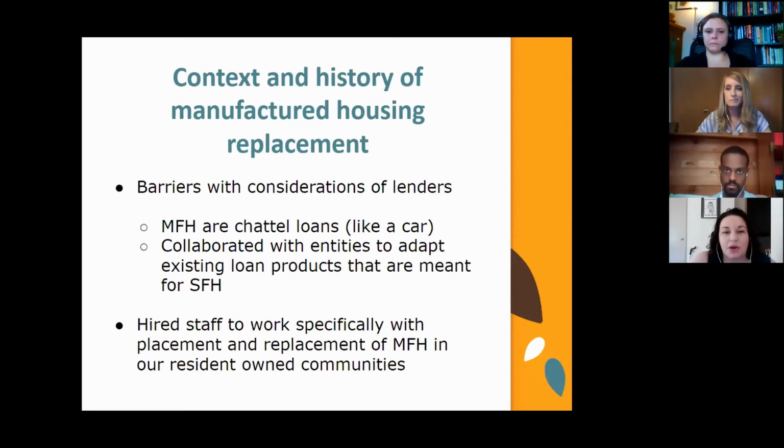And so a lot of the work that CASA and Bio have done is to collaborate with other entities to adapt existing products that were originally designed for single family housing. And so out of some funds that we received from Meyer and other folks, we were able to hire to make this placement and replacement of manufactured housing a part of the work we do.